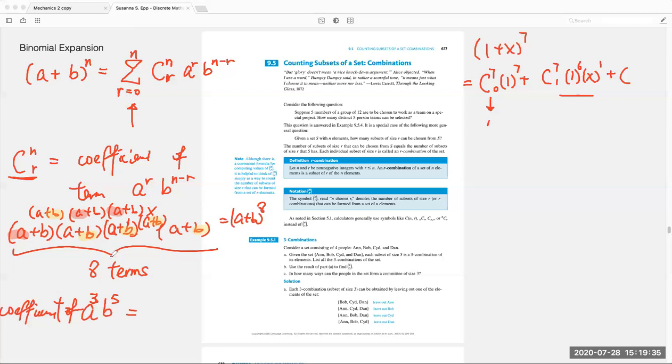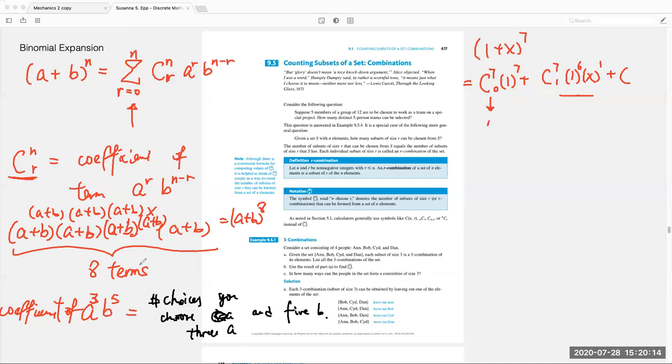So actually, the coefficient of A^3 times B^5 is the number of choices that you choose 3 A's and 5 B's from these 8 terms. Understand this one?